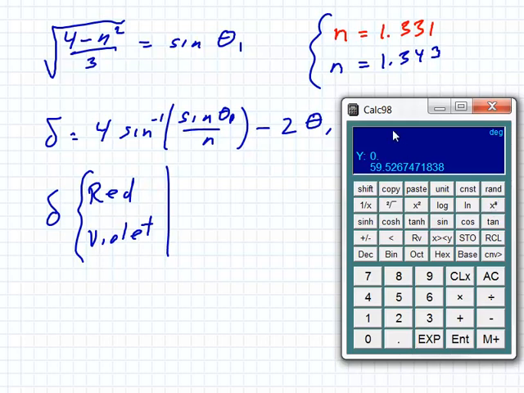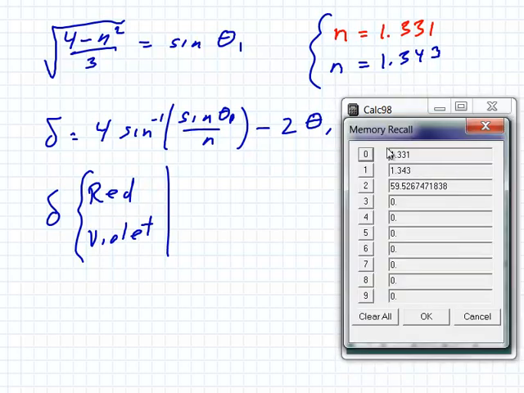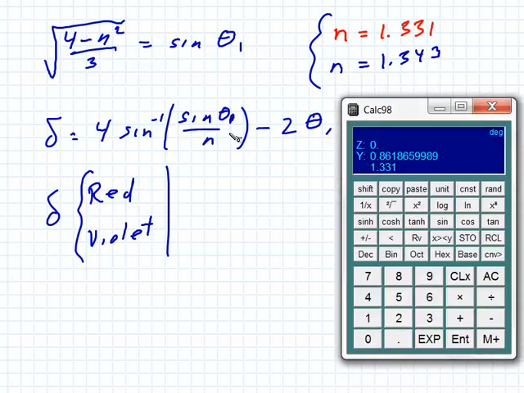I'm now going to use that number. I'm storing it there because I'm going to need it twice in the next calculation. So that's my angle theta 1. The sine of theta 1 divided by n. So recall my 0 value of n there, that's my red n, and hit divide.